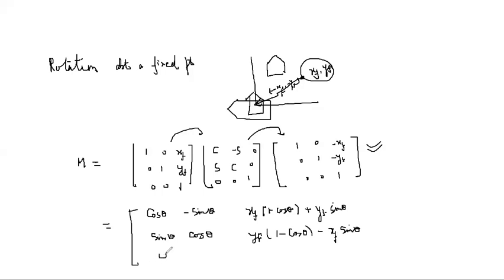Then 0 0 1. So this is the resultant matrix for a rotation about a fixed point.